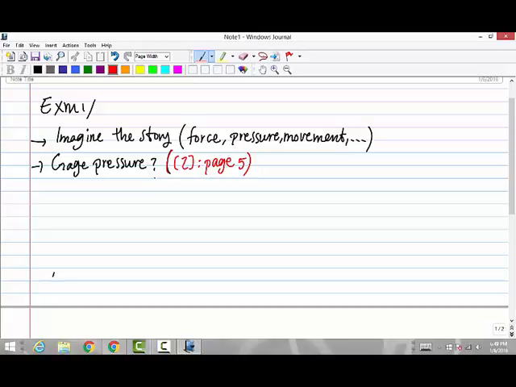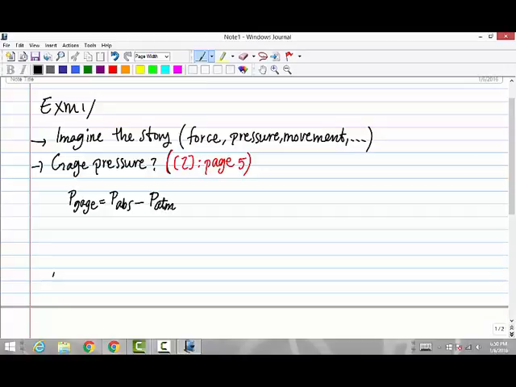So the gauge pressure is the pressure of a point with respect to the atmospheric pressure. To make it simple, you just need to subtract: P gauge equals P absolute minus P atmosphere.